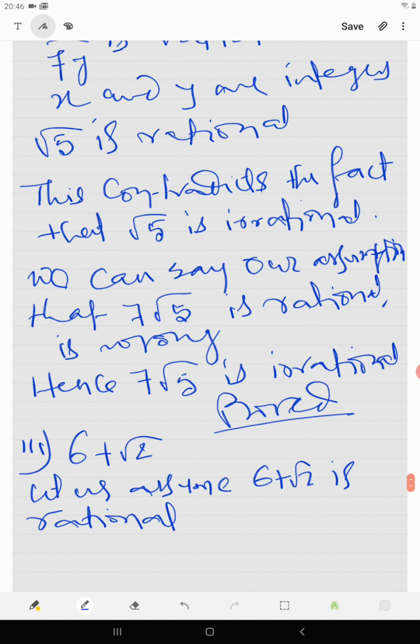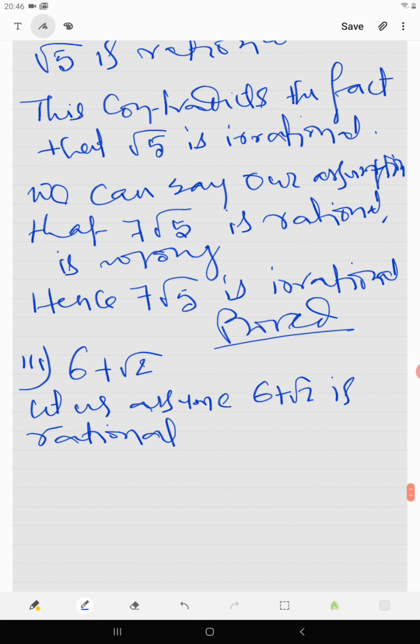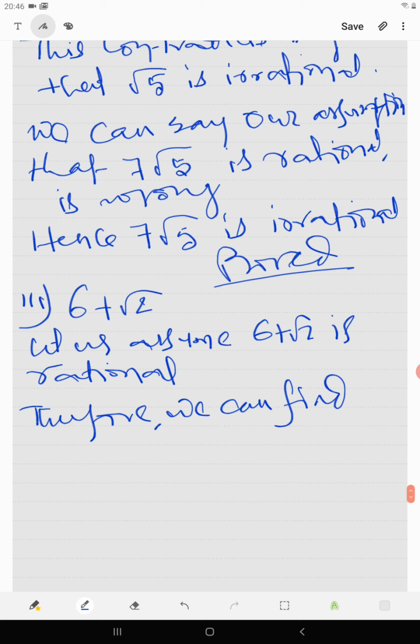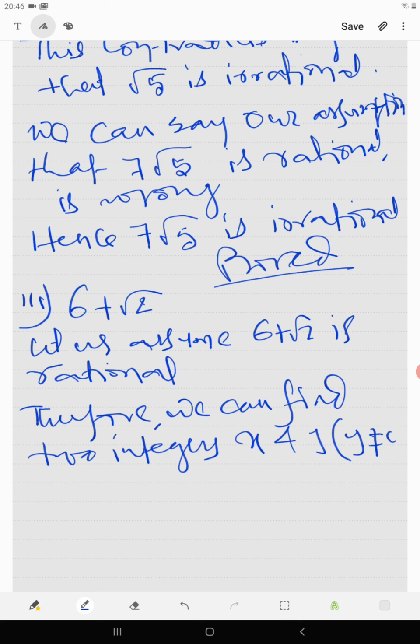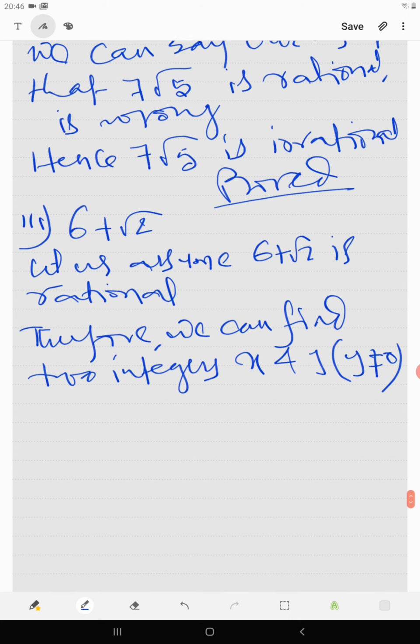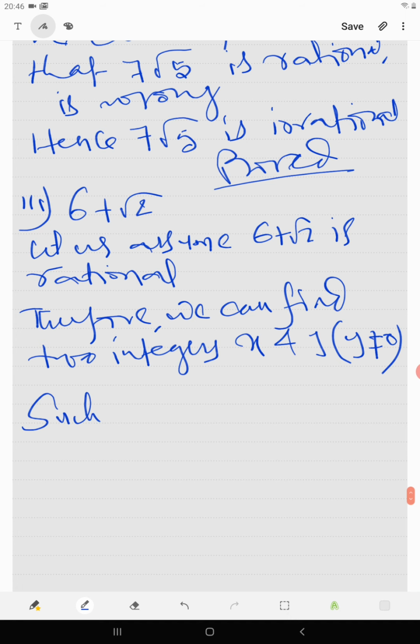So if it is rational, then of course we can find two integers x and y, where y not equal to 0, such that 6 plus root 2 equals x by y.